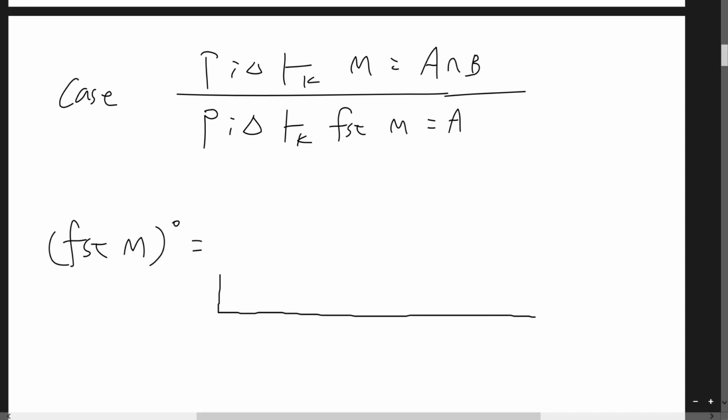So whatever comes here must have type double negation A circle, or A circle implies bottom, implies bottom. So this is the continuation.